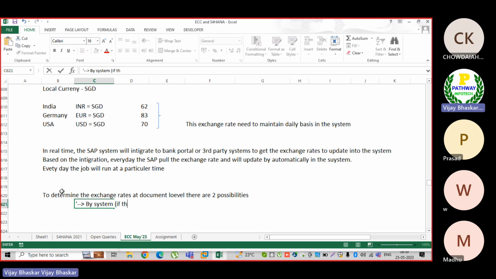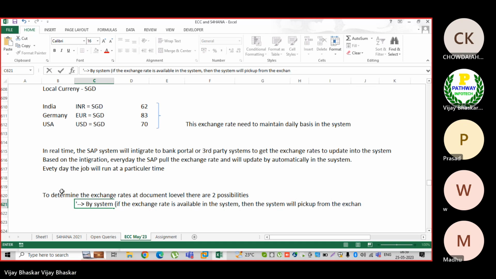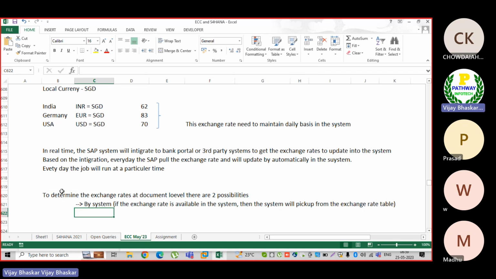If the exchange rate is available in the system, then the system will pick up from the exchange rate table. Exchange rate table, remember.